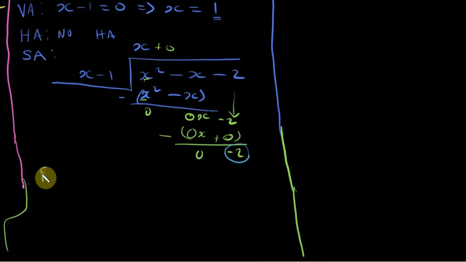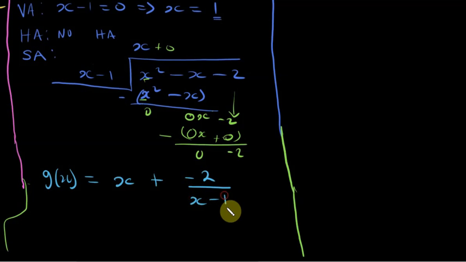Therefore we can rewrite our function in terms of the answers we got. G of x is equal to x plus minus 2 over x minus 1, which is the same thing as x minus 2 over x minus 1.